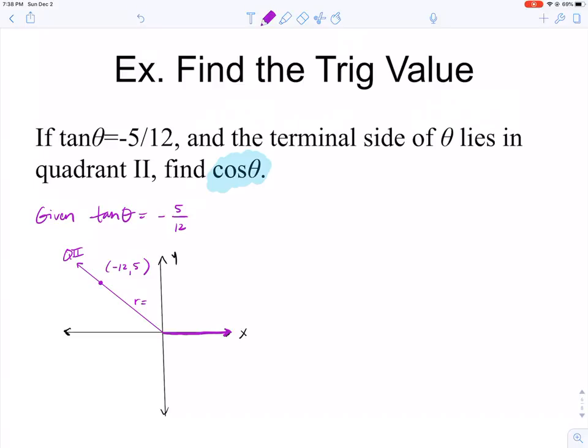And we can determine r by using Pythagorean theorem. Okay, do we need r? Yes, we need r because we are being asked to find the cosine of theta, which is x/r.